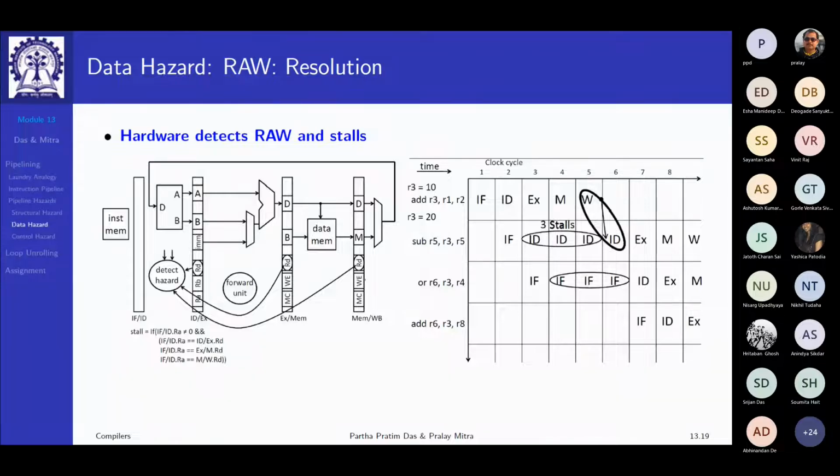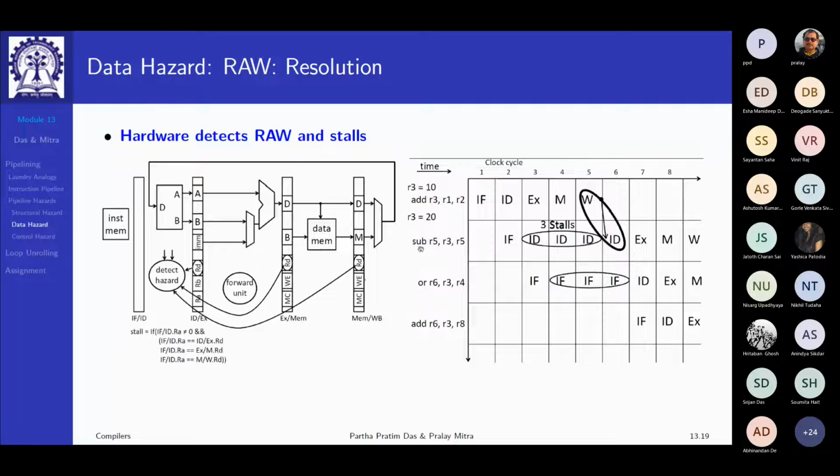You can detect that there is going to be a hazard because the next instruction is trying to read a value which is yet to be written. Based on that, you can take the decision of stalls, as shown here. You are adding R1, R2 and putting it to R3, which will happen in the 5th clock cycle.